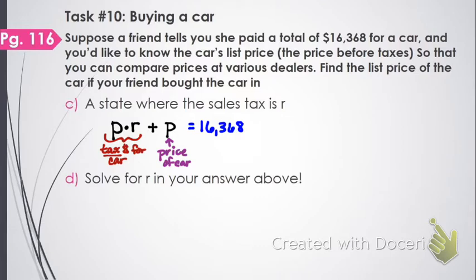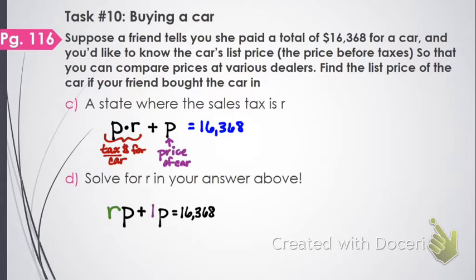On all the other ones, we kept moving R up to the front because we usually knew what R was, right? So I'm going to go ahead and move R up to the front here. So I'm going to have RP plus, how many P's is this other one? 1 is equal to 16,368.